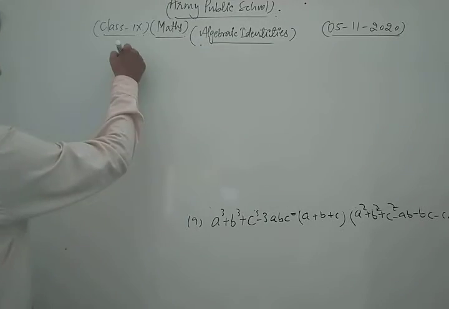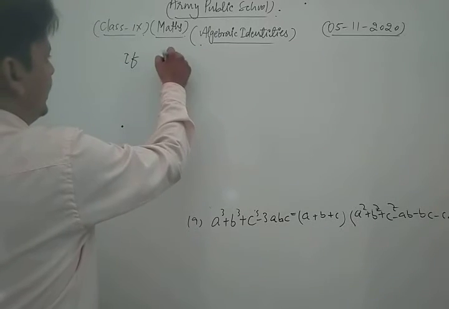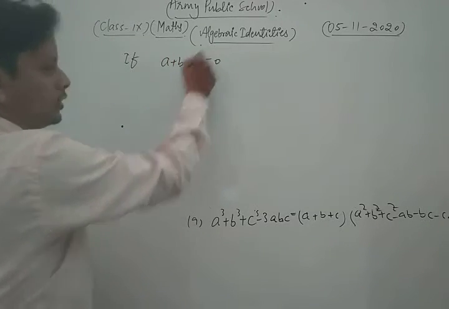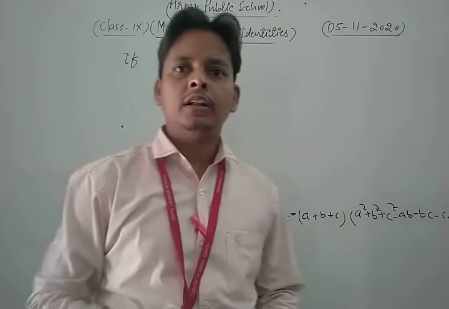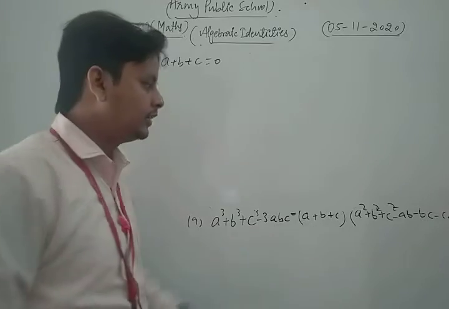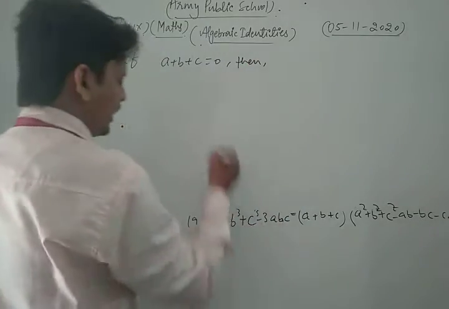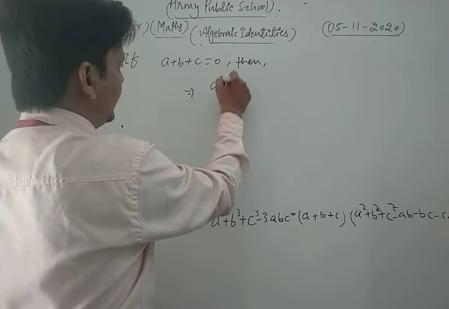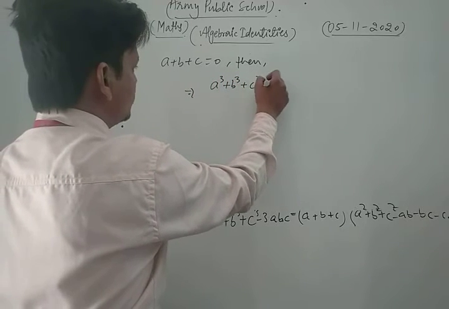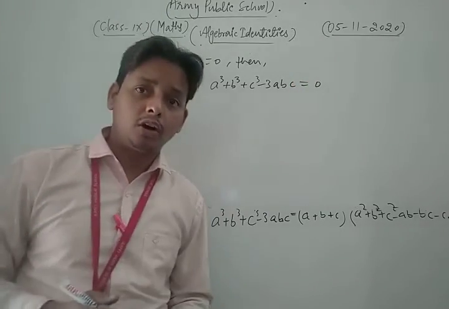Dear friends, if the value of a plus b plus c is equal to 0, then what do we get? We get the value of a cube plus b cube plus c cube minus 3abc is equal to 0. Why? Because of this one.